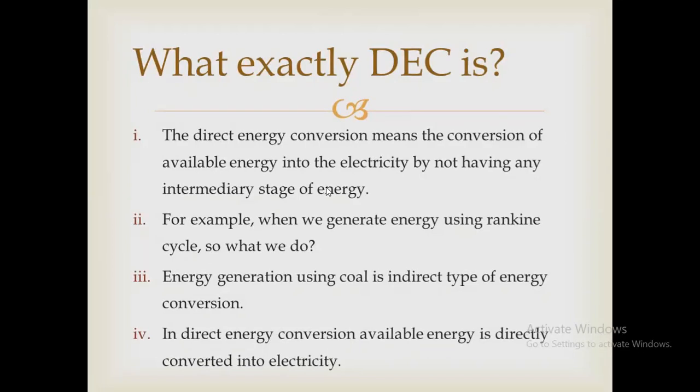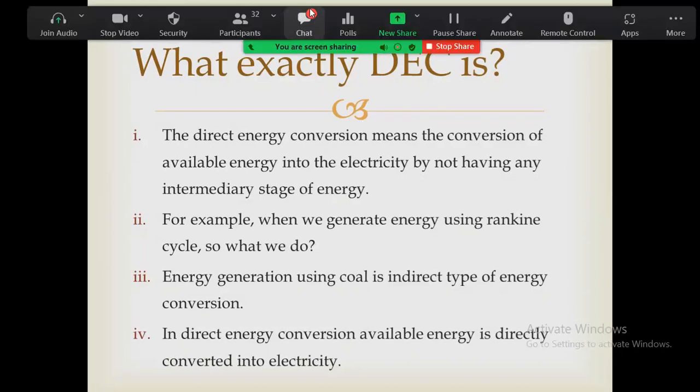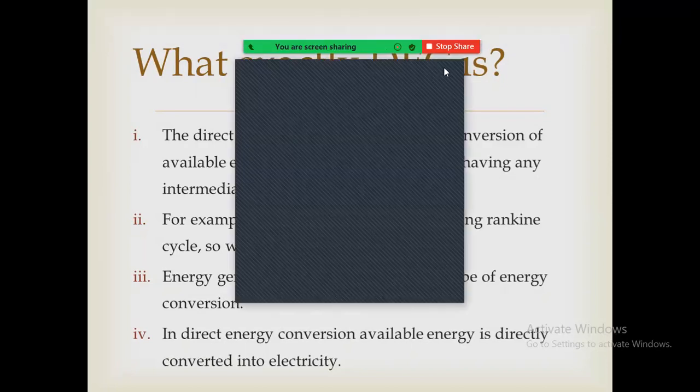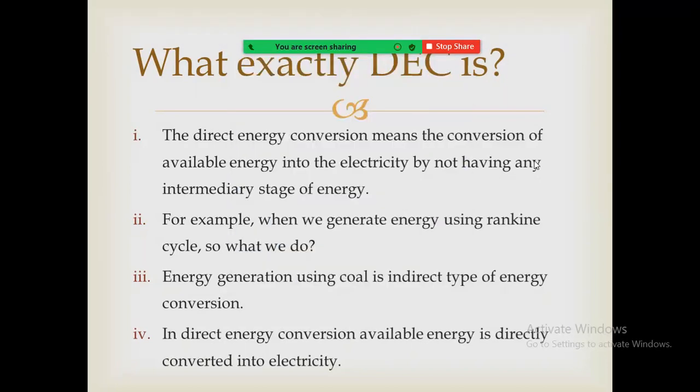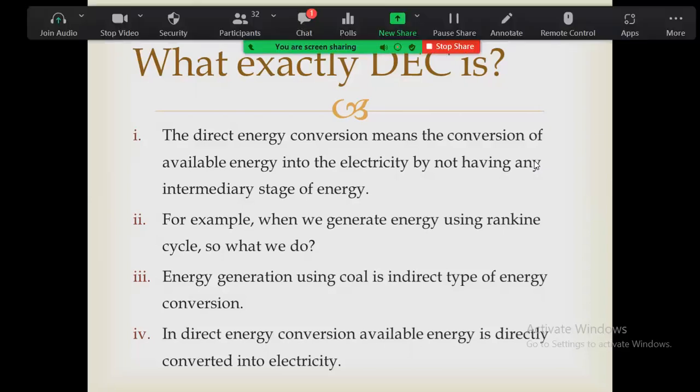The best example of direct energy conversion is the photovoltaic cell. In photovoltaic cells, we collect solar radiation, the light energy, and convert it directly into electricity. In solar photovoltaic cells, is there any rotating part, or are we converting that light energy into any other type of energy, like mechanical energy?